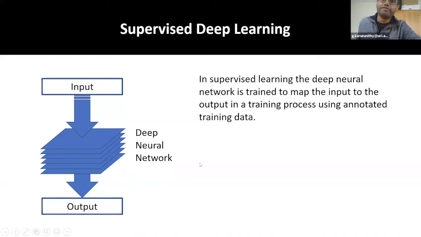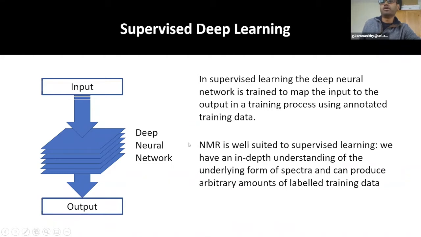We have this massive advantage in NMR, and in EPR, I guess, as well, that we are well aware of how experimental data looks. And so we can create arbitrary amounts of labeled training data. Then it's just a case of crunching this through the network to try and work out solutions to problems. So when we supply it with unknown data, it can do these same kinds of transformations.